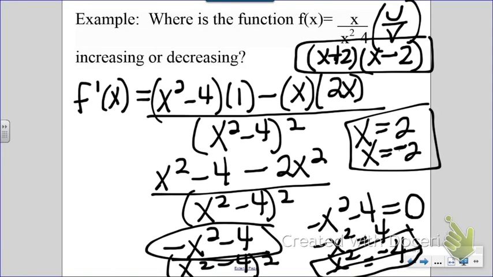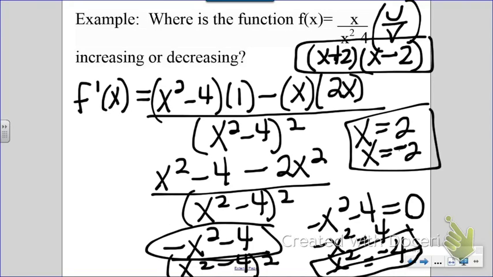So then I check anything smaller than negative 2, between negative 2 and positive 2, and anything bigger than positive 2 in the derivative, to figure out where the function is increasing and decreasing. So if I pick a number like negative 3, for example, negative 3 squared would be 9, and the opposite of that would be negative.